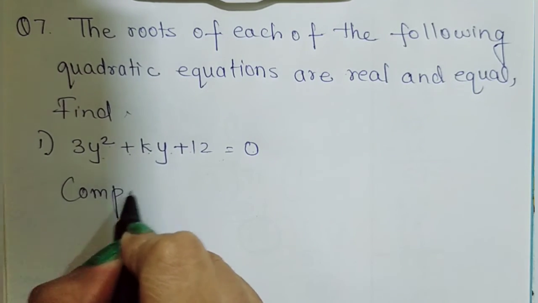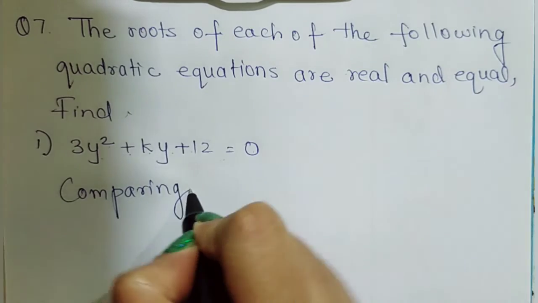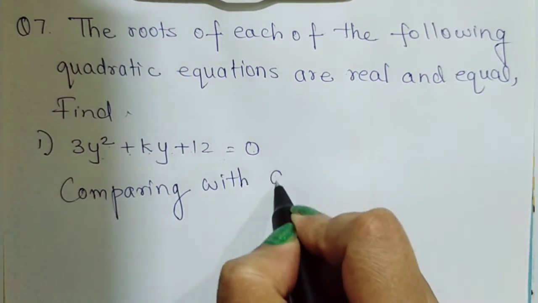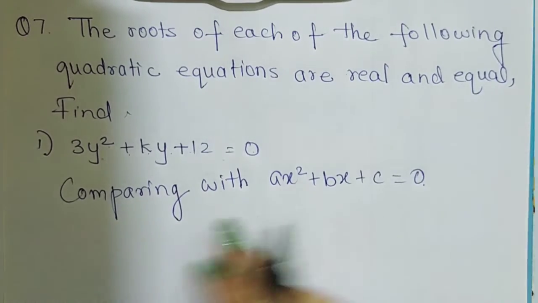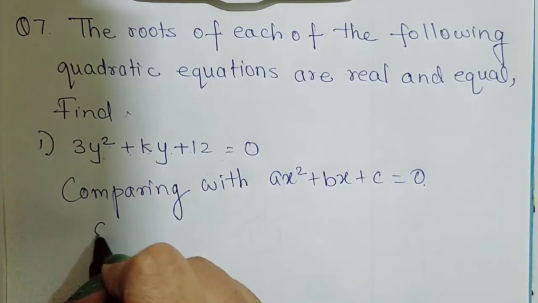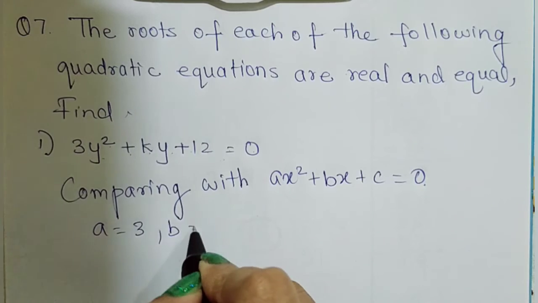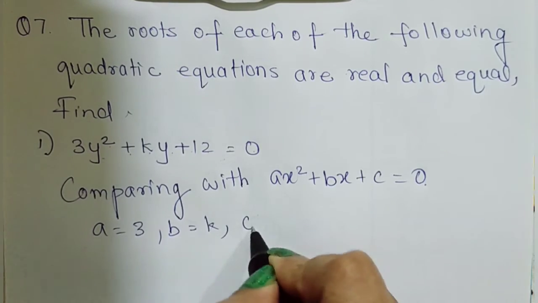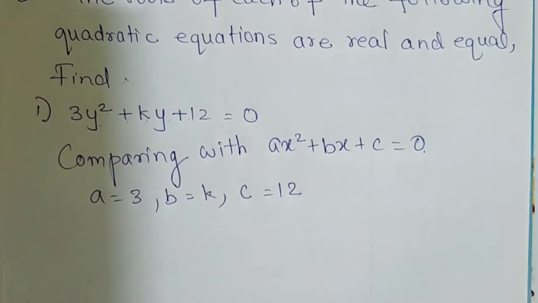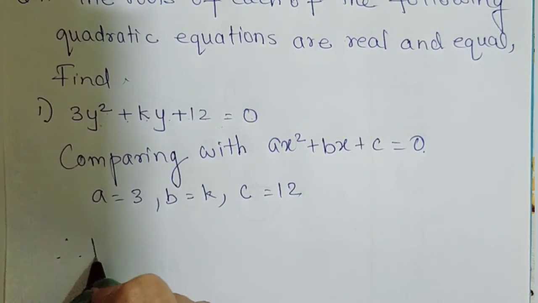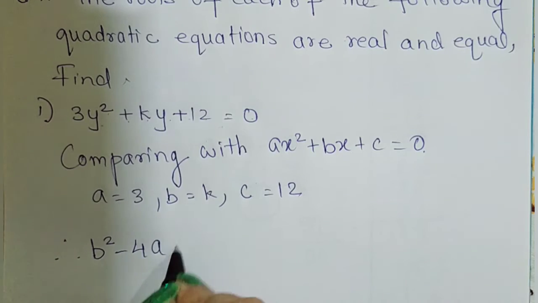First we have to compare this. So comparing with ax square plus bx plus c equal to 0, a value is 3, b value is k, and c value is 12. So we'll write b square minus 4ac.